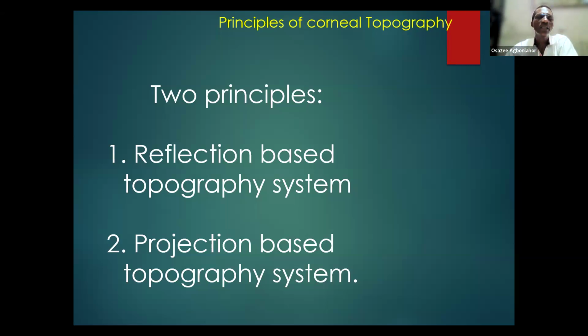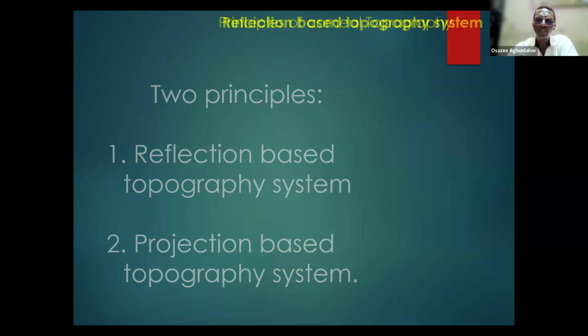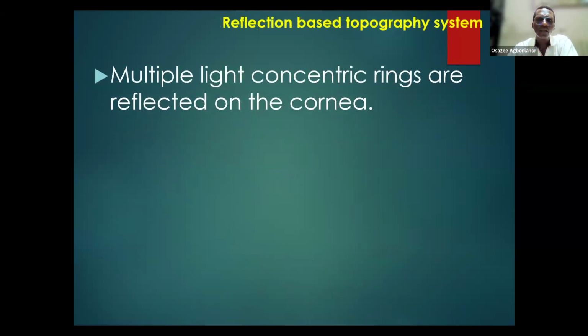That is why some corneal topographers, not all, can cover as much as 12 mm, even going towards the limbus, and give you information on how smooth the limbal area is, which is usually not transparent. So these are the two systems that we use.